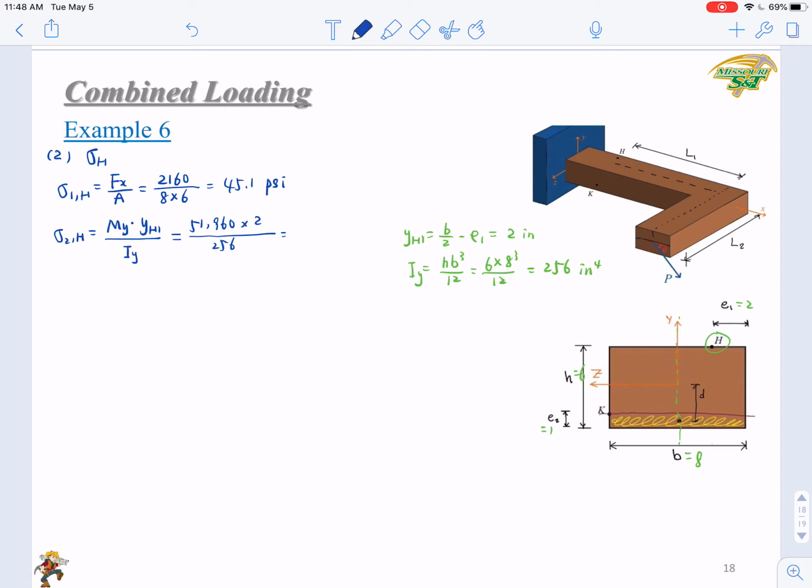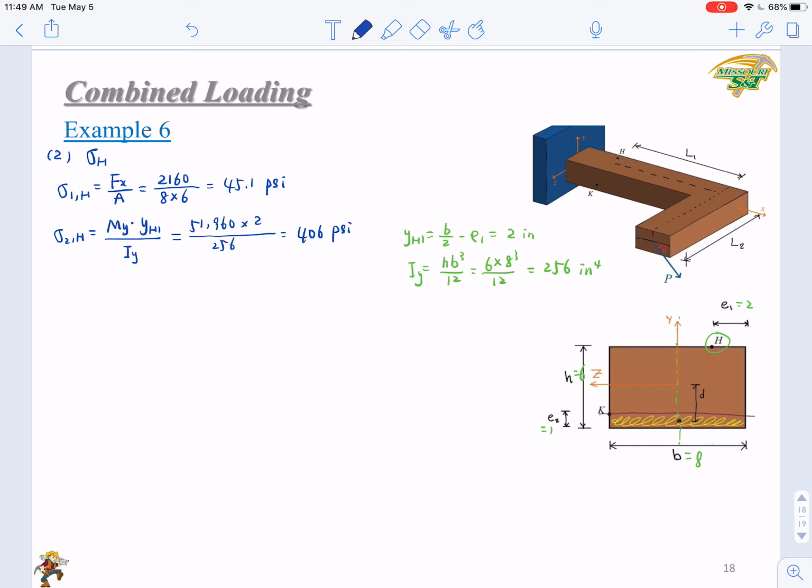Okay, you will get 406 psi. Positive or negative? Positive or negative? My. What is the direction of My?